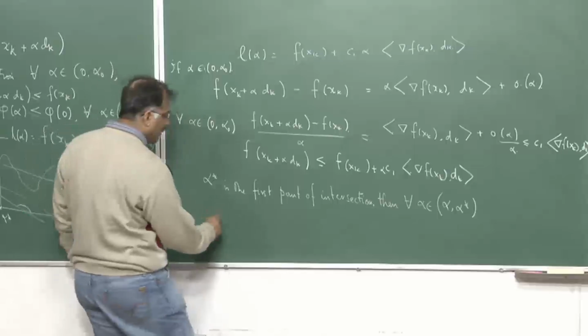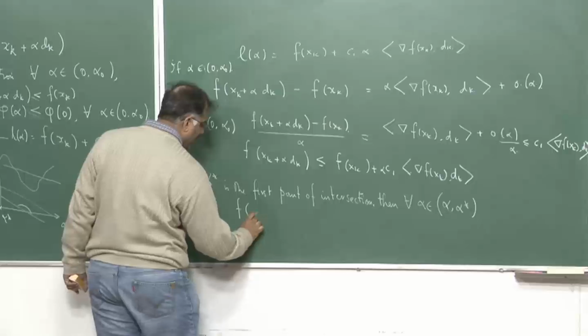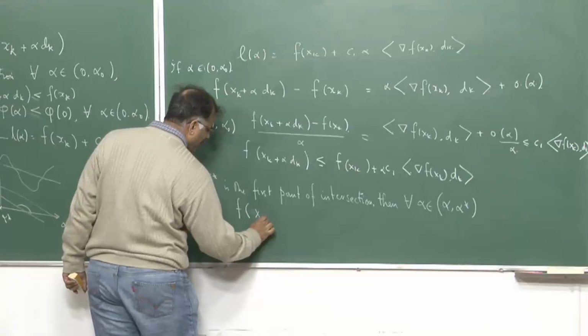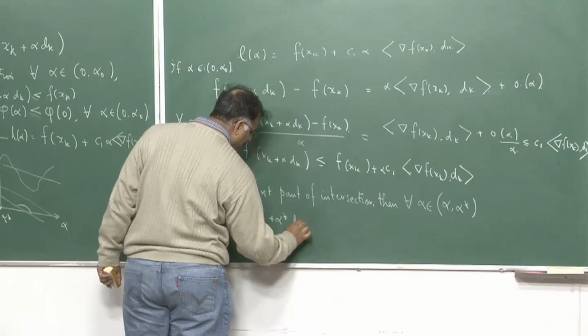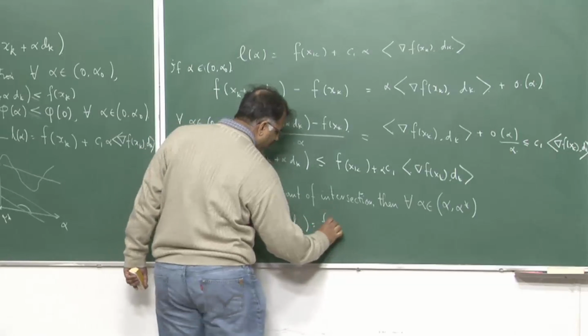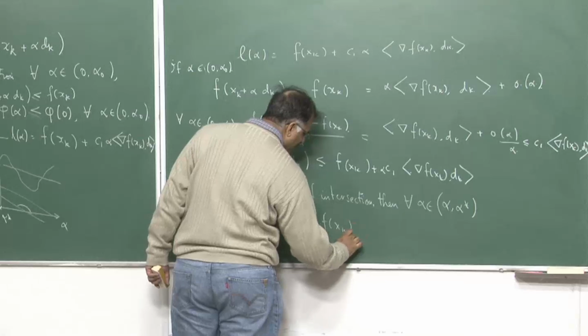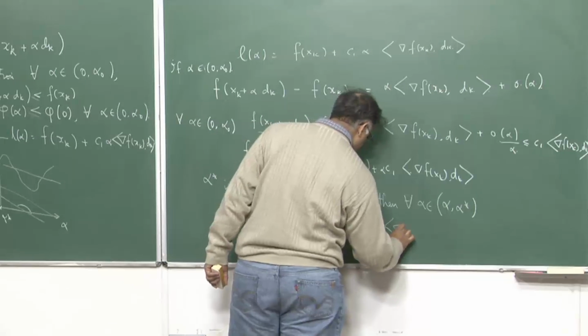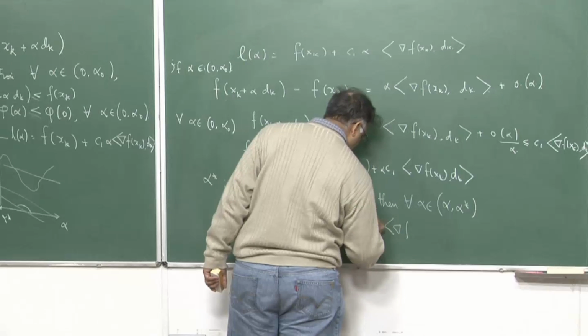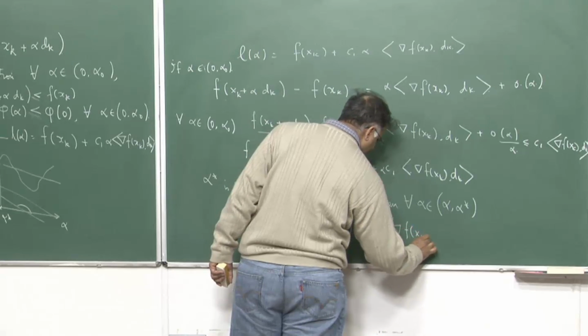So at that point we have f of xk plus alpha star dk equals f of xk plus c1 alpha star grad f(xk) dk.